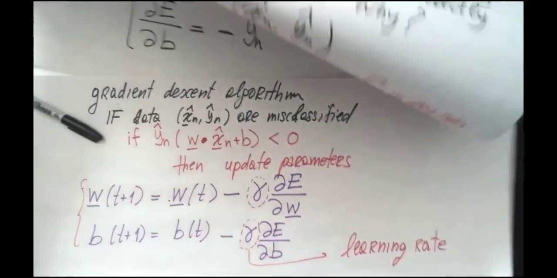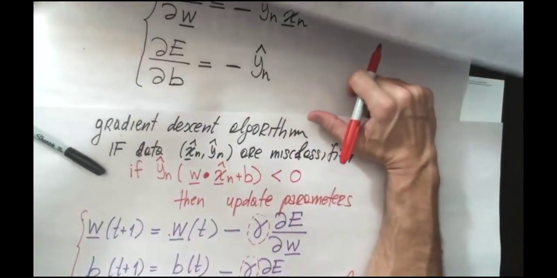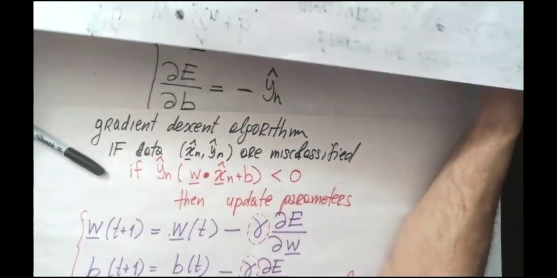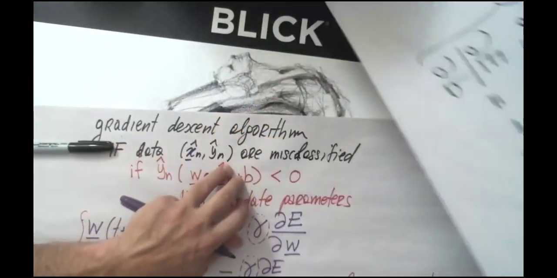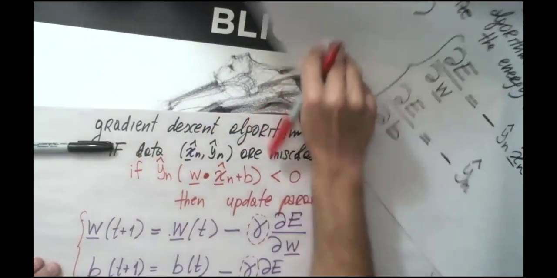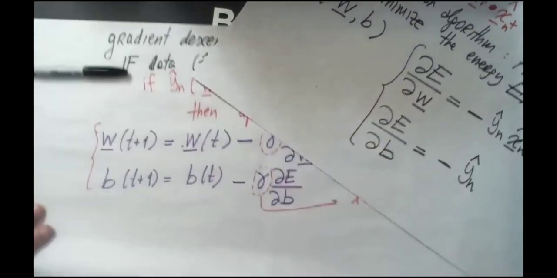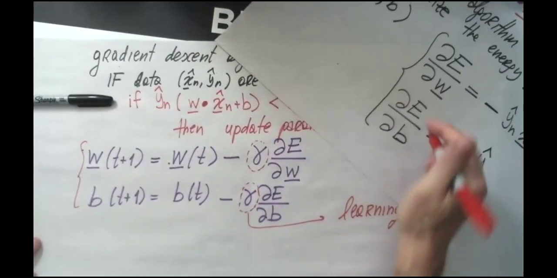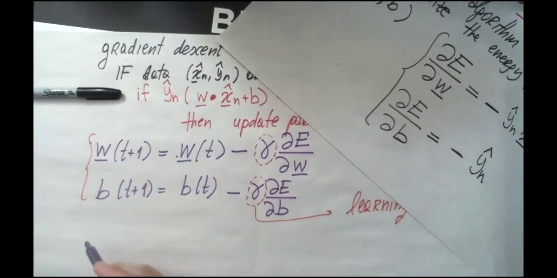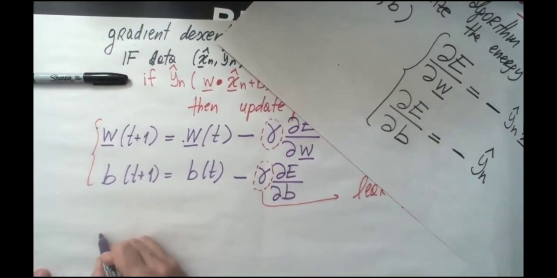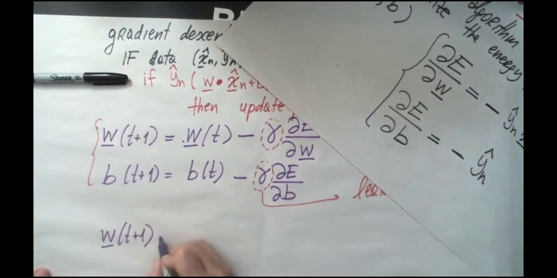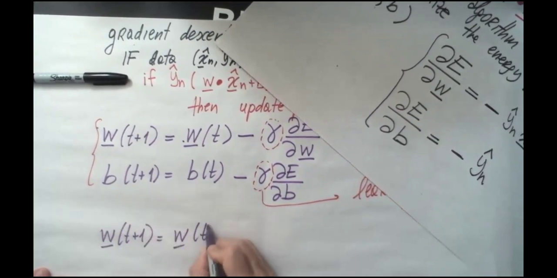And based on these gradients that we already computed, the training algorithm is W at t plus 1 equals W at time t.